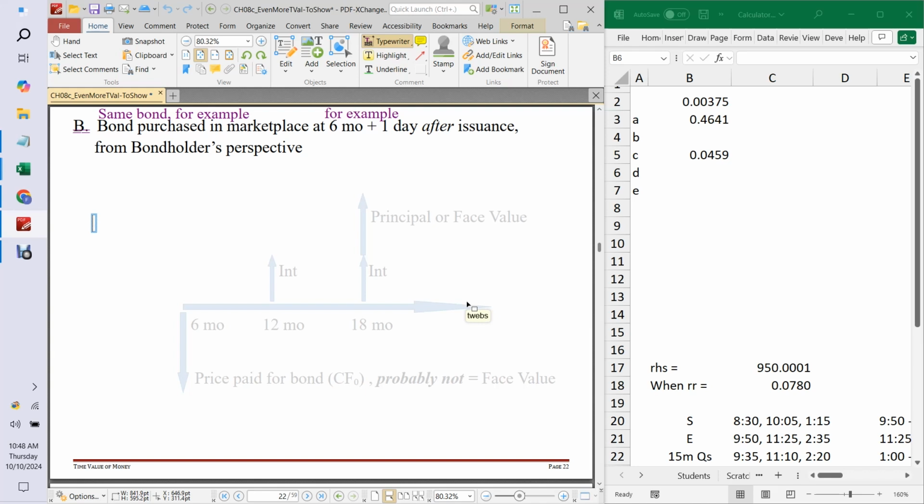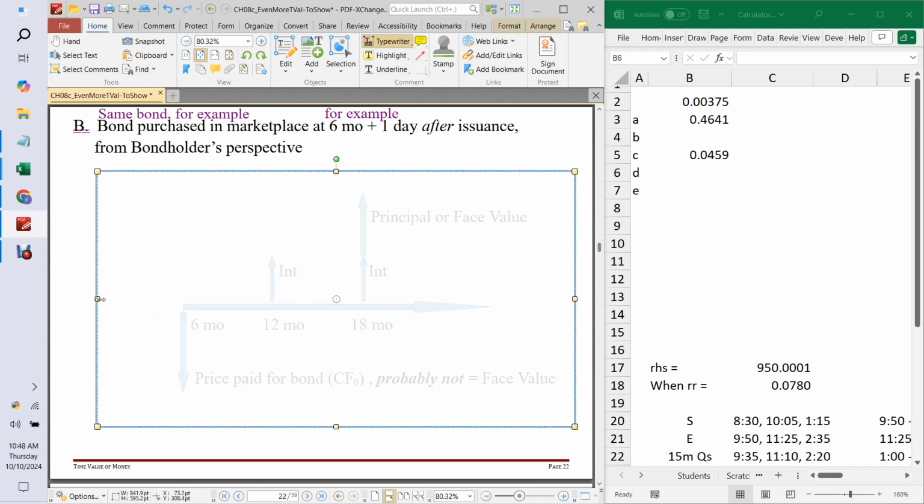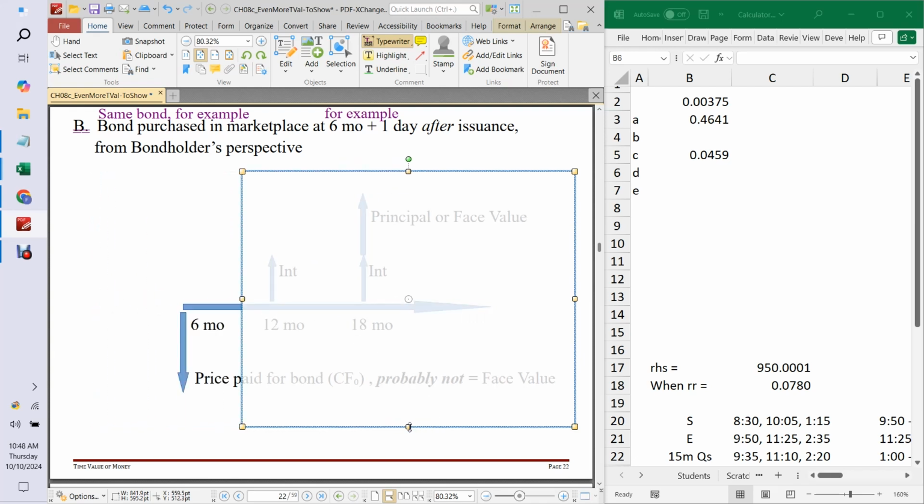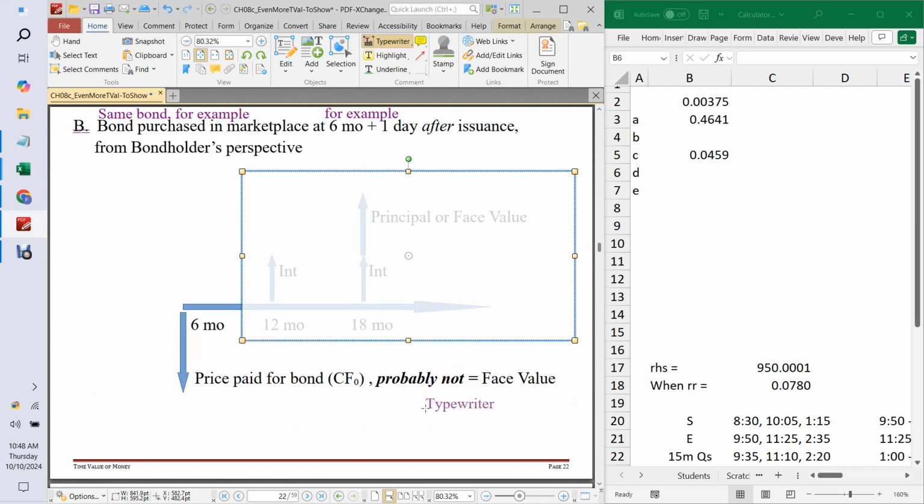So let's look at the same bond purchased in the marketplace at 6 months and 1 day after it's been issued. So what we've got here is the price paid for the bond by whoever is buying it now. Let's say we're all buying it collectively. We each put in a little money and we're getting this bond.